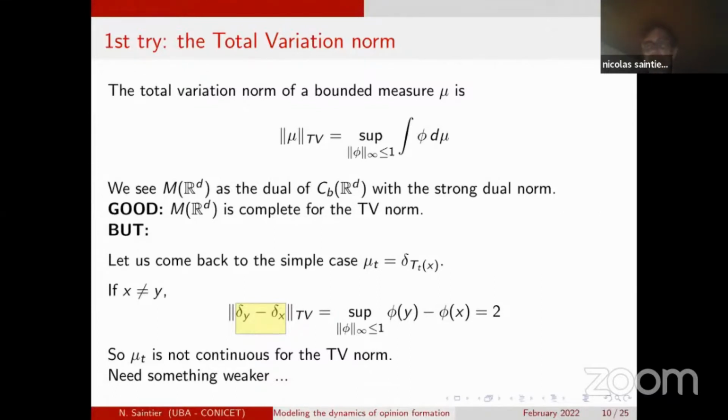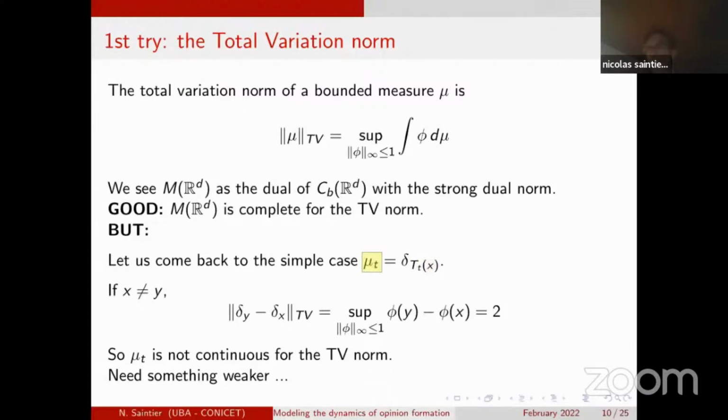Even if x and y are very close to each other, the distance between the Dirac masses is large. In particular, even though this expression is continuous in t, I won't get that mu t is continuous. So this is not a good norm for us.